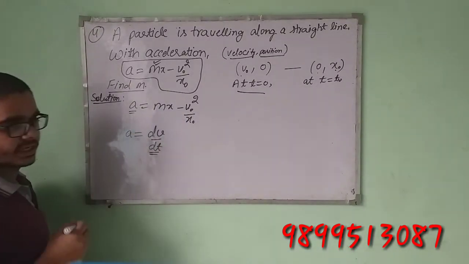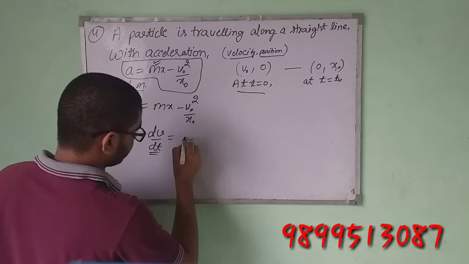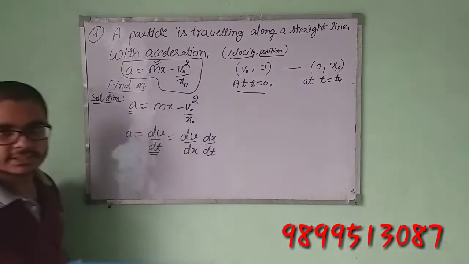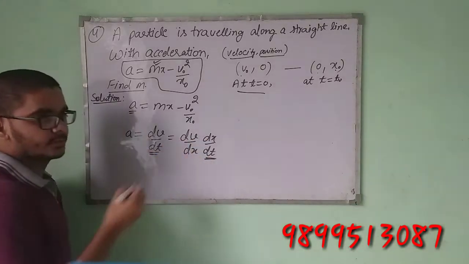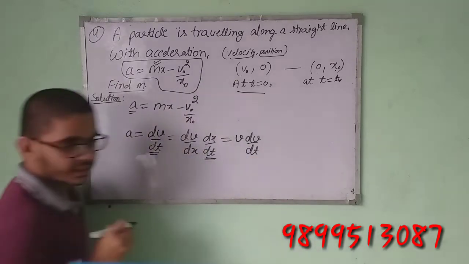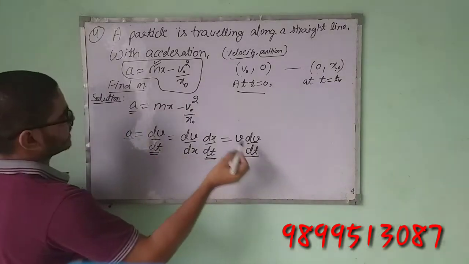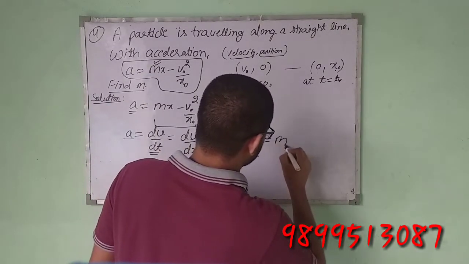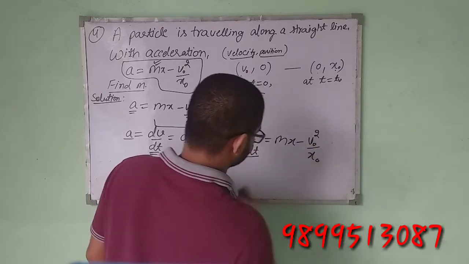So I write it as dv over dx into dx over dt. And dx over dt is simply velocity. So acceleration is v dv over dx, and this expression will be equivalent to mx minus v naught square over x naught.